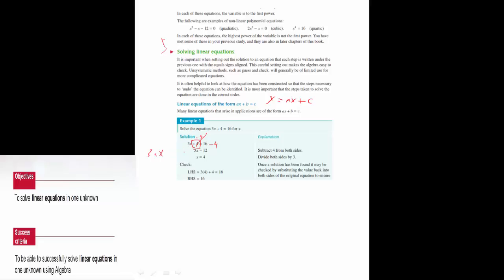So we divide by 3 both sides. And it's very important to realize that you need to do it on both sides. Alright. So 3x equals 12. If we divide both sides by 3, that's gone, and that equals 4. So you end up with x equals 4 as your final answer.